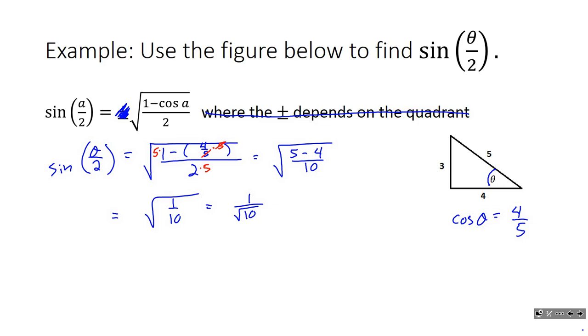But let's work with exact answers. So let's now go and rationalize the denominator here by multiplying the radical on the bottom. And this will give the square root of 10. And the bottom, square root of 10 times square root of 10 is 10. That would be the answer, the exact answer, where the denominator has been rationalized.